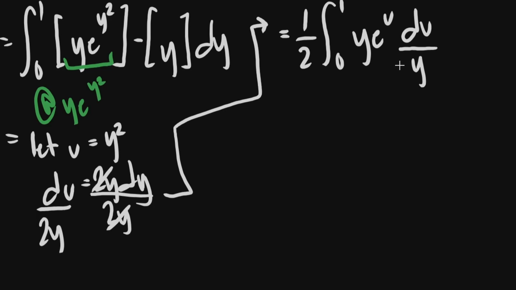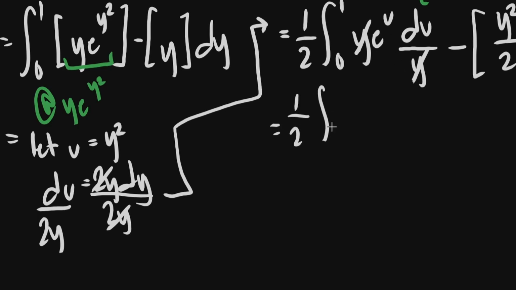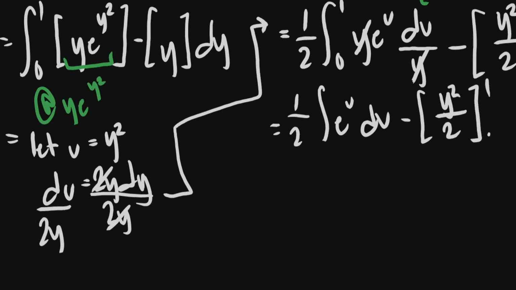We just took out the constant and placed it there, and here minus, just the power rule, which is y squared over 2, from 0 to 1. The y's cancel, and we are left with 1/2 integral of e raised to u du minus y squared over 2.